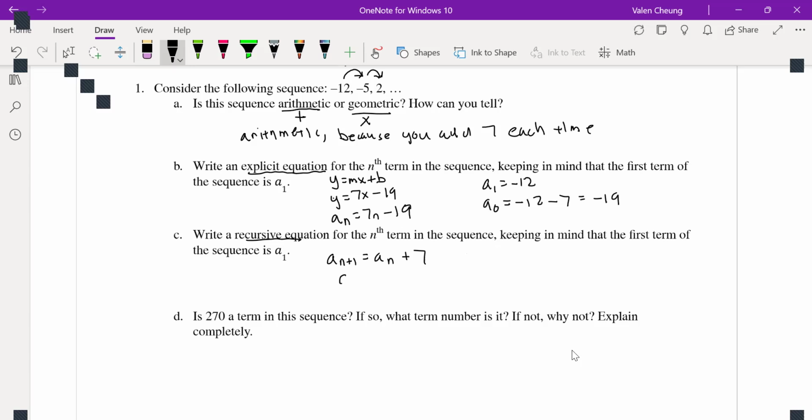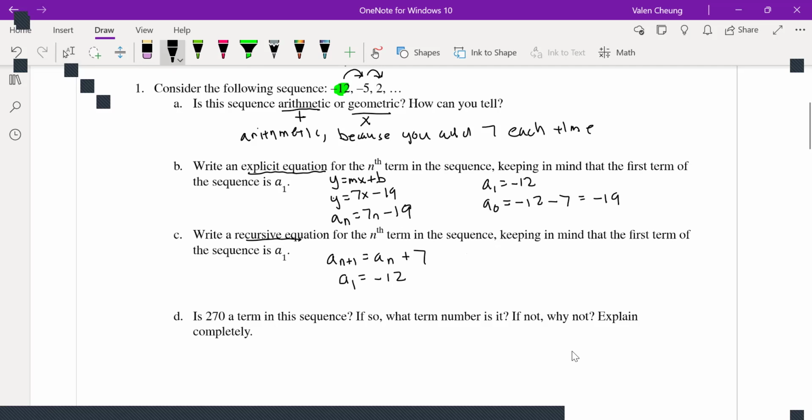So you always want to give them a term, and our first term is -12. So we just write that the first term is -12, and that way we have a starting point. We know the -12 is where we start, and each time we are adding 7. That's all the recursive equation is talking about.